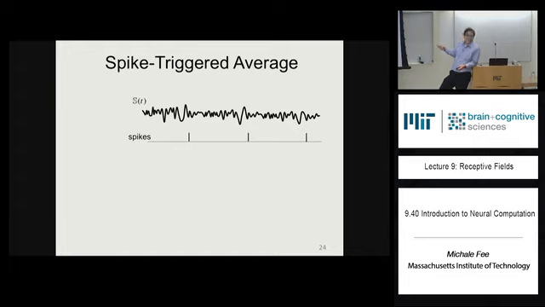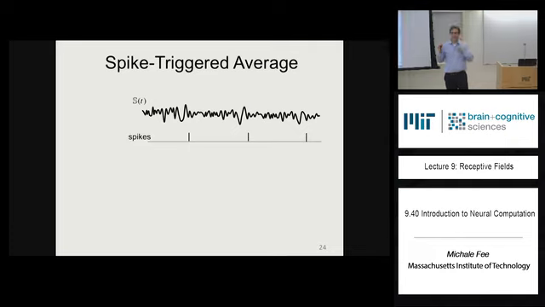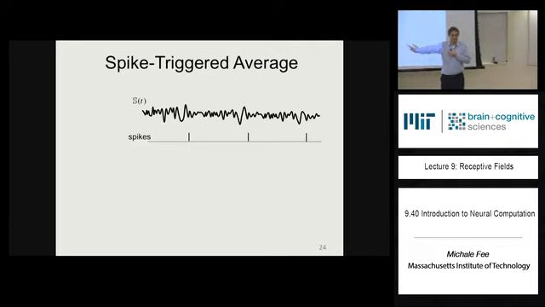Now what we can do is take the times of those spikes and go back and figure out what made the neuron fire, post hoc. Whatever made the neuron spike happened before the spike, not after.